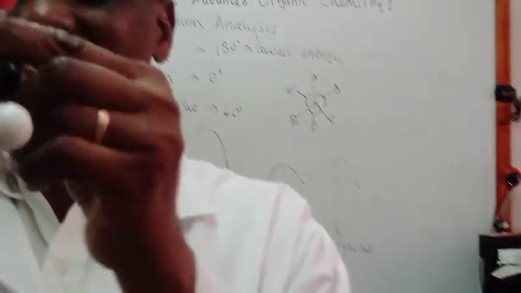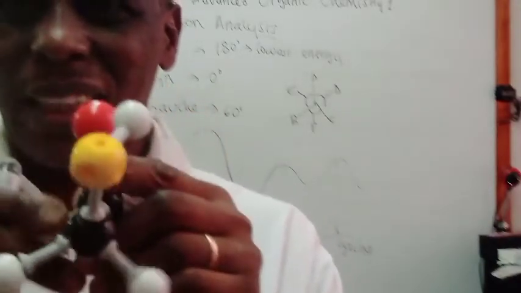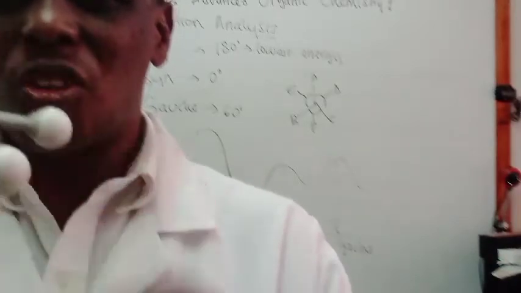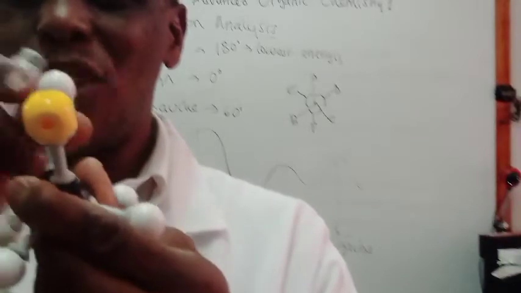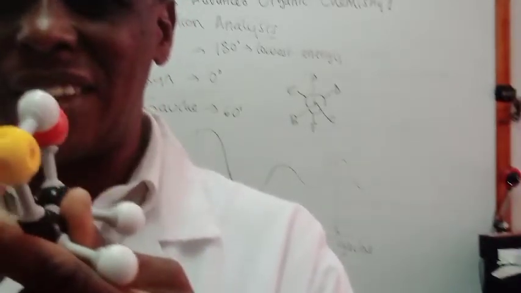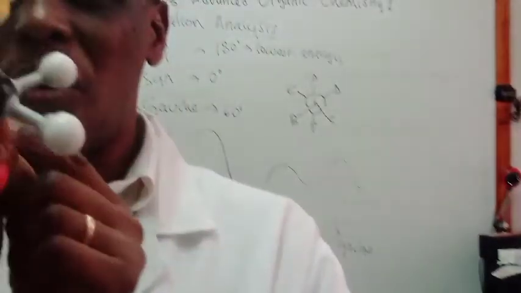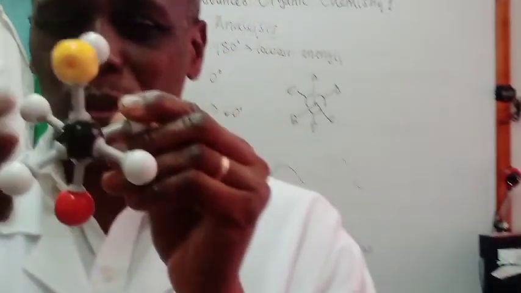In this case, these two groups are nearest to you, and therefore they can clash. They're going to be very close to each other. So this is the case in which the bulky groups are next to one another, so it's going to be highest in energy. And then there is the opposite case in which the bulky groups are away from each other. This is called the anti conformation, which is the most stable.